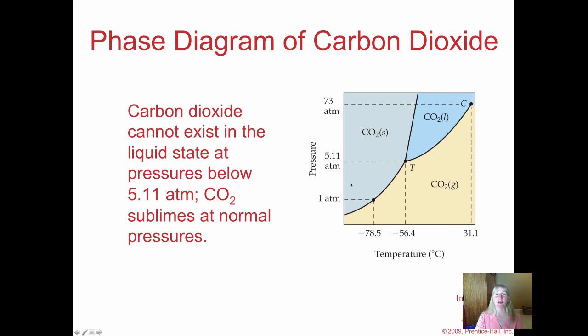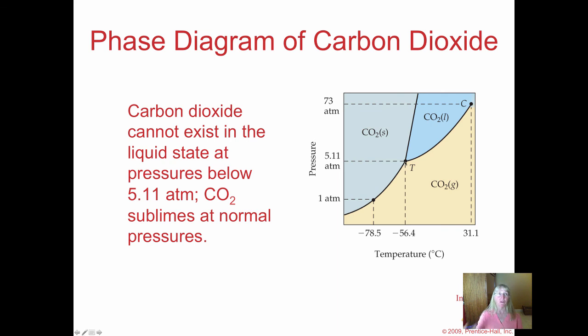So let's take a look at what's going on here. Notice that the triple point of CO2 is pretty high. It's saying that its triple point is at minus 56.4 degrees and at 5.11 atmospheres. Above the triple point is when you can have the possibility of it existing as a liquid.